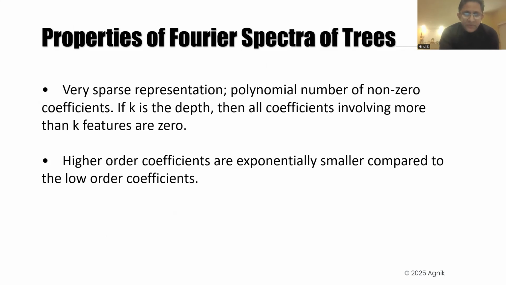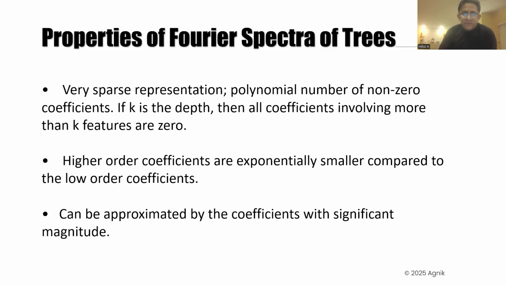So that's good. Basically, the tree has a polynomial representation complexity, and it can be approximated by the low order Fourier coefficients. That allows us to efficiently represent a decision tree in the Fourier domain.